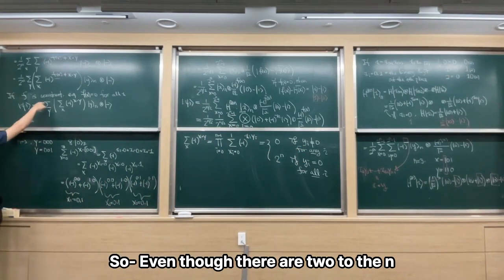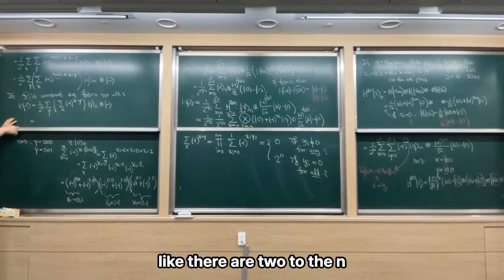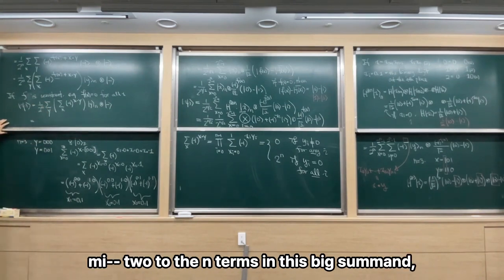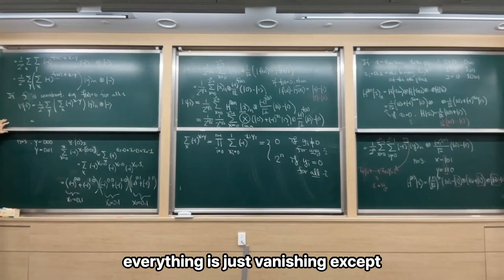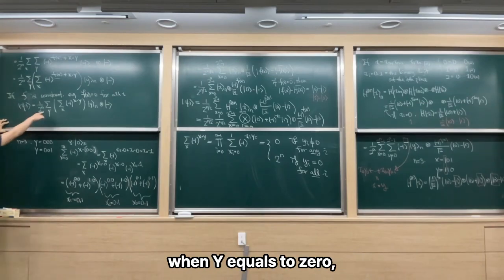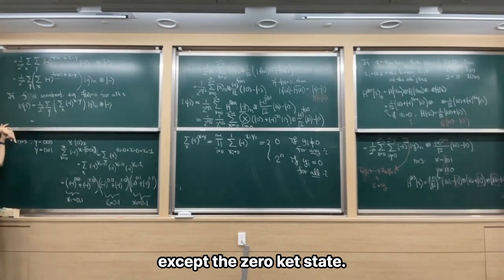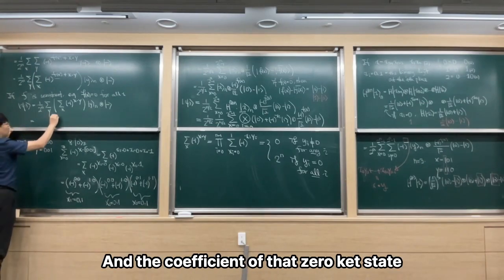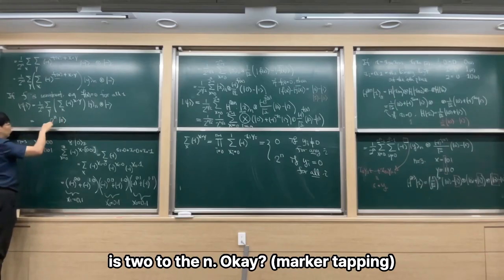So even though it seems like there are 2 to the n terms in this big summand, everything is just vanishing except when y equals 0, except the zero ket state. And the coefficient of that zero ket state is 2 to the n. Okay?